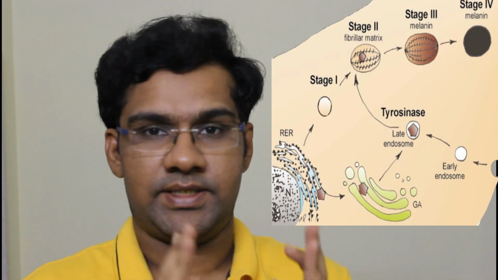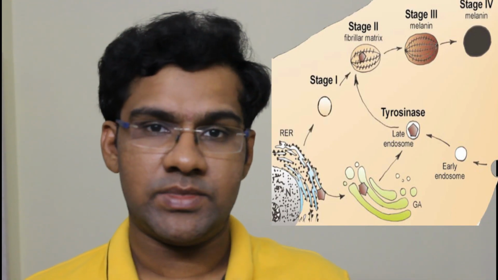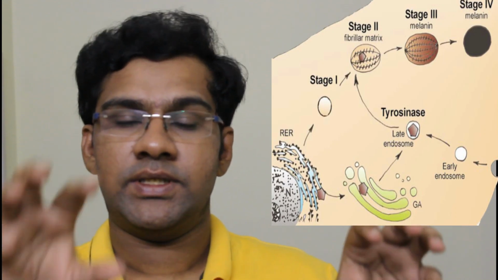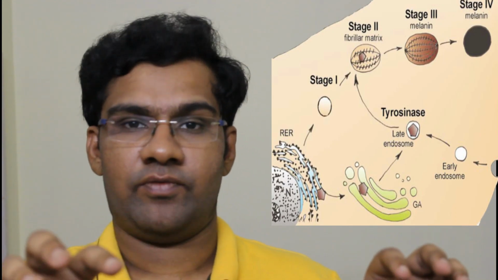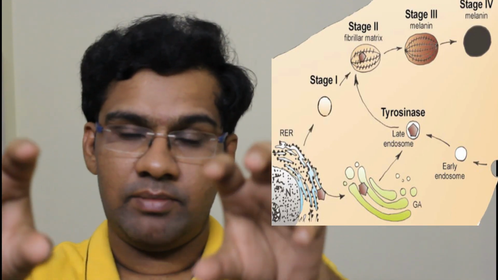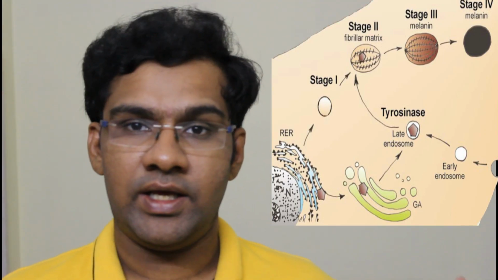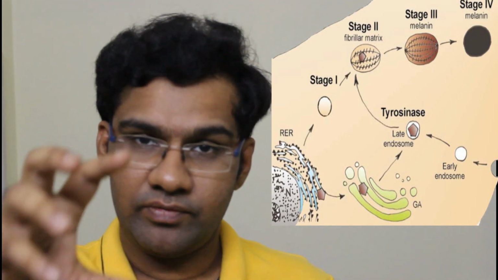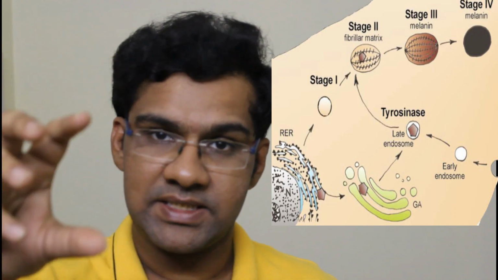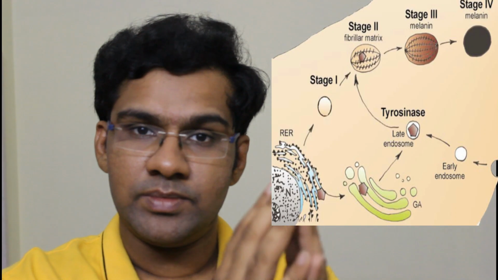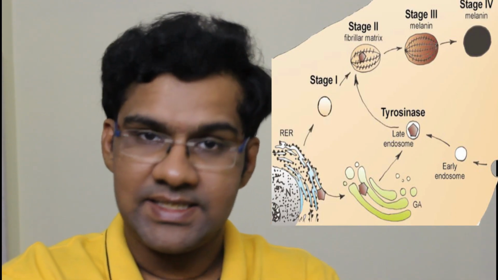Now clearly understand one thing: from the ribosomes the matrix proteins are formed, and from the ribosomes the enzymes and glycoproteins are formed. These pass through the endoplasmic reticulum and Golgi complex, and finally after the post translational modification of the enzymes, they meet together in melanosomes and activate melanin synthesis.